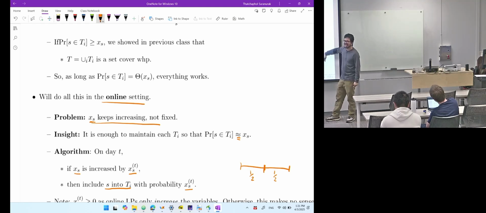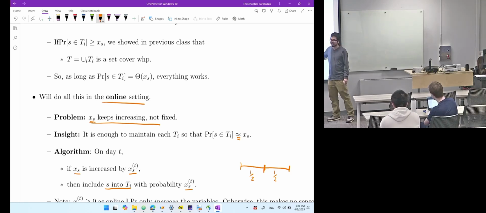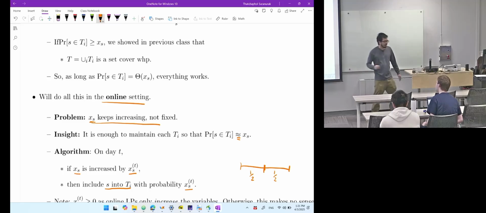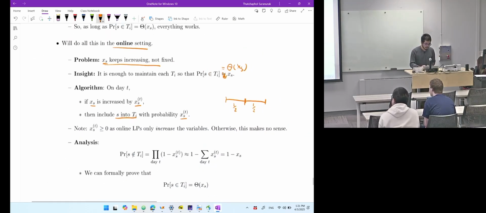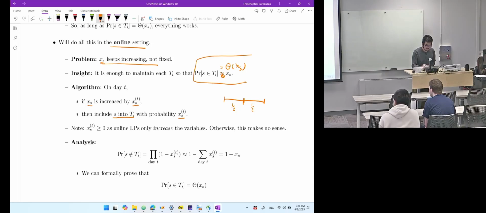Now the sum is 1, but you still have a chance to not include S into your solution. But it's going to be basically of the same order. Actually, you can prove that with this algorithm, the probability is on the order of xs. And that's good enough. I want you to convince yourself that you really get this order.